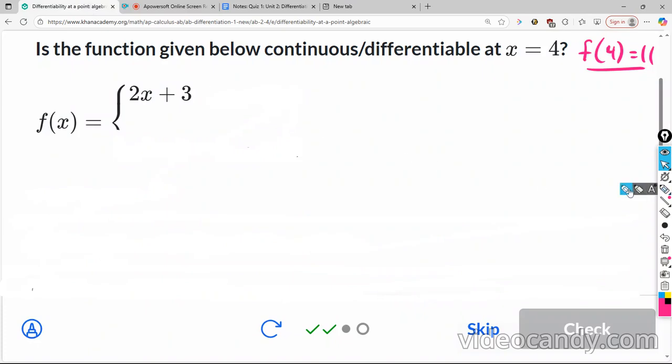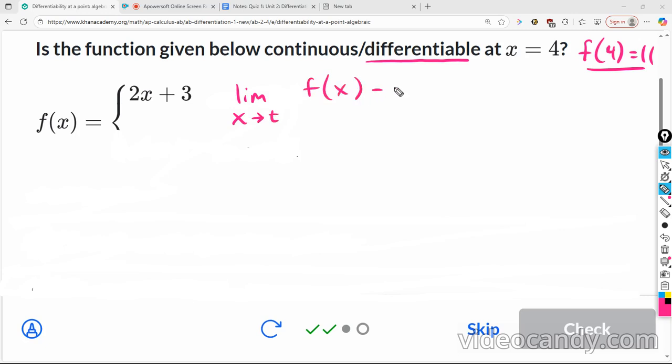All right, now the tedious part. We want to see if it's differentiable. Okay, as always, that's going to be the limit as x approaches t of f of x minus f of t over x minus t.